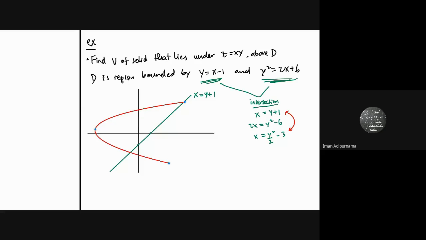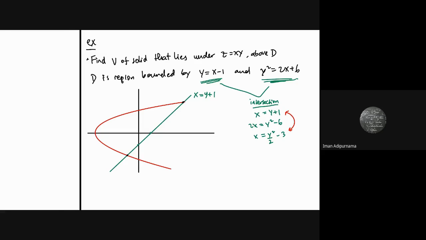Okay, let's imagine this is the parabola that we are going to evaluate. And D is inside. So we need to find the intersection points here and here.